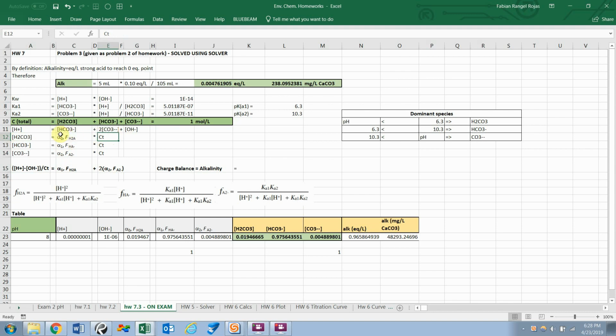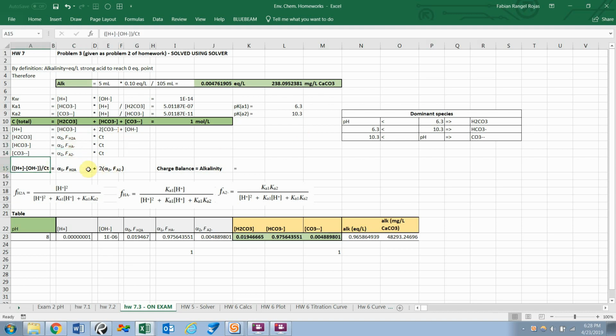The thing to remember is that alpha 0 represents the fraction of total carbon which corresponds to H2CO3, alpha 1 represents the fraction that equals HCO3 minus, and alpha 2 is the fraction that goes into CO3 2 minus. So if you multiply any of these values times total carbon, that'll give you the species H2CO3, HCO3 minus, and CO3 2 minus respectively. So alpha values are just fractions.